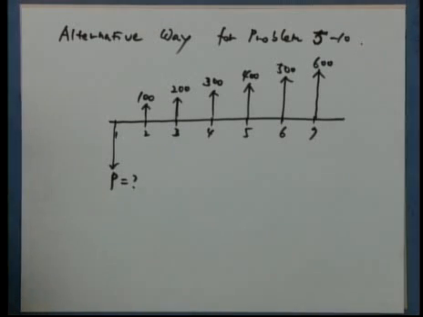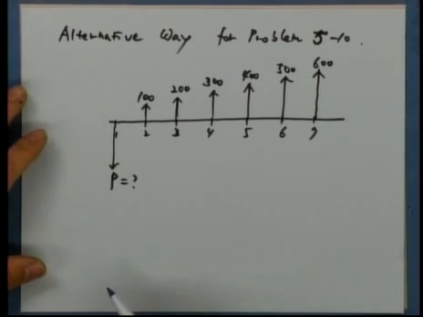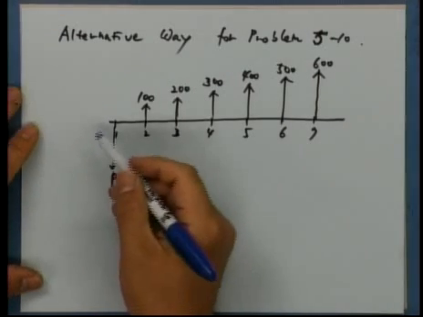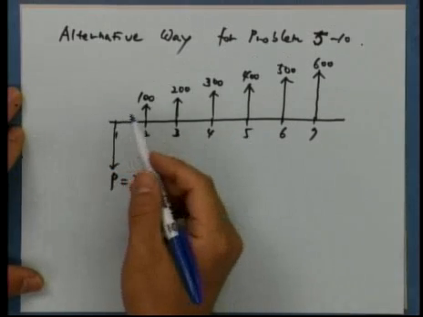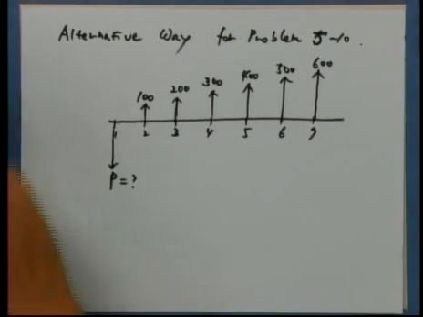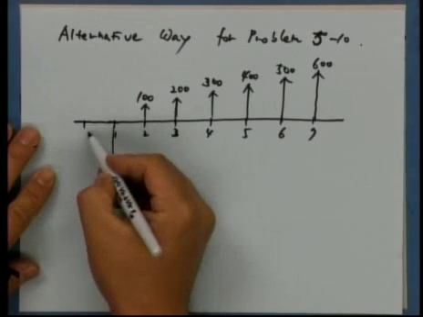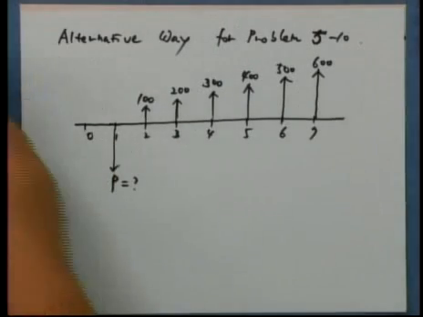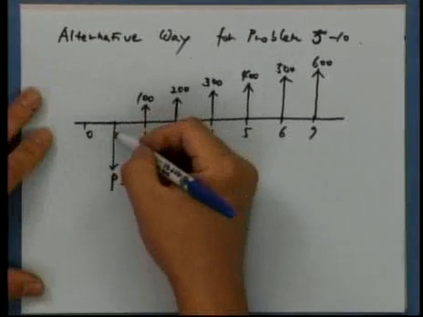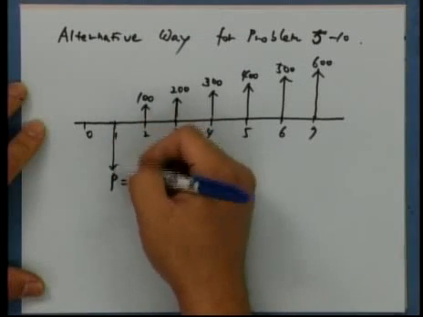So what you can do here is just like the problem 5-7. First, you may place the present value, P, in period 0. Let's say 0 down here instead of period 1.